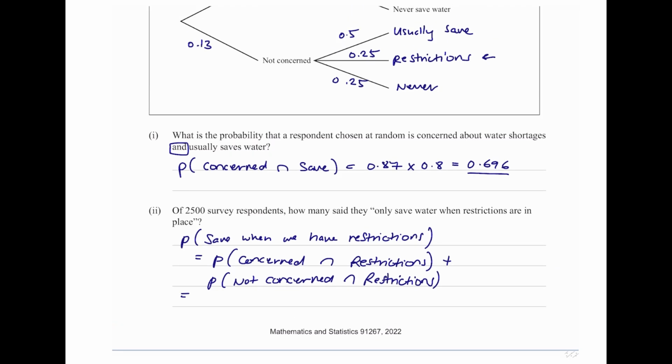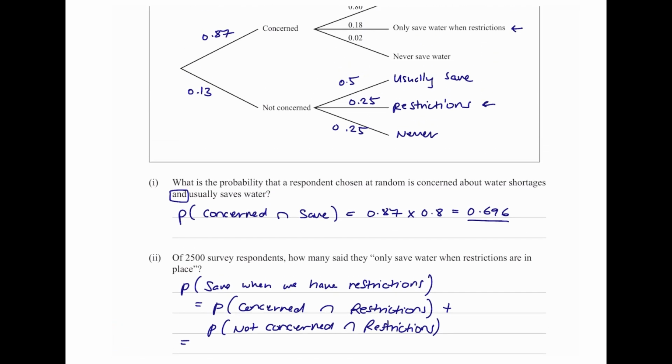So what's that going to be equal to? Well, we just multiply across the branches, so 0.87 multiplied by 0.18, which is 0.1566, added with the probability of not being concerned, which is 0.13, multiplied by 0.25, which is 0.0325, and that's because we're looking at that restrictions there.